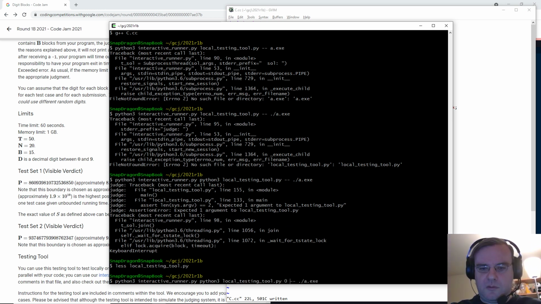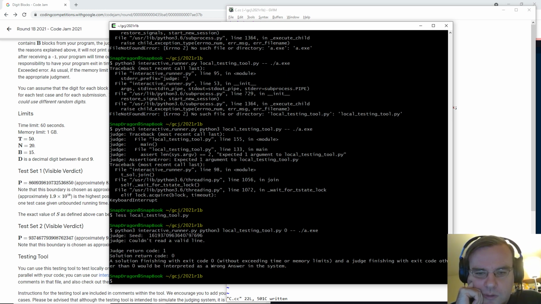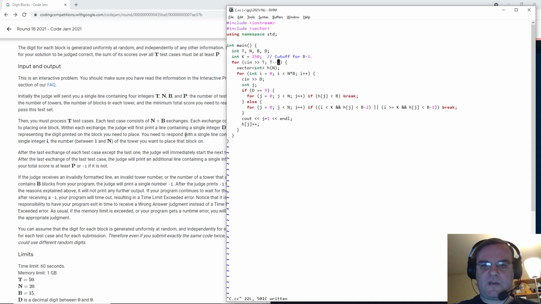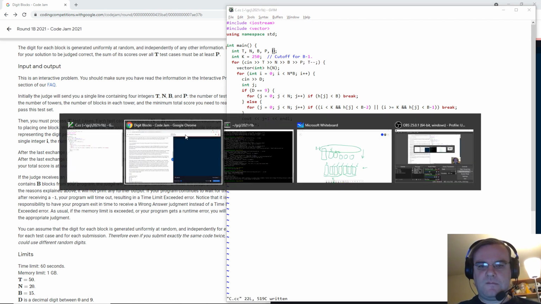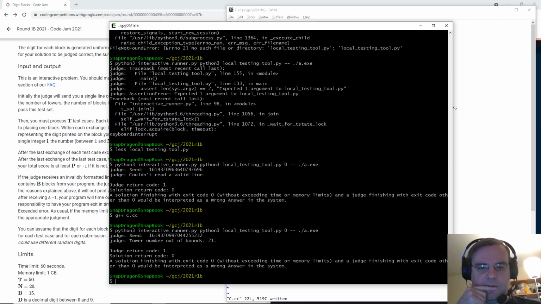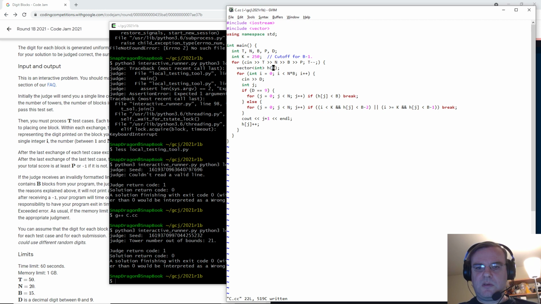Couldn't read a valid line. Tower number out of bounds. Right.